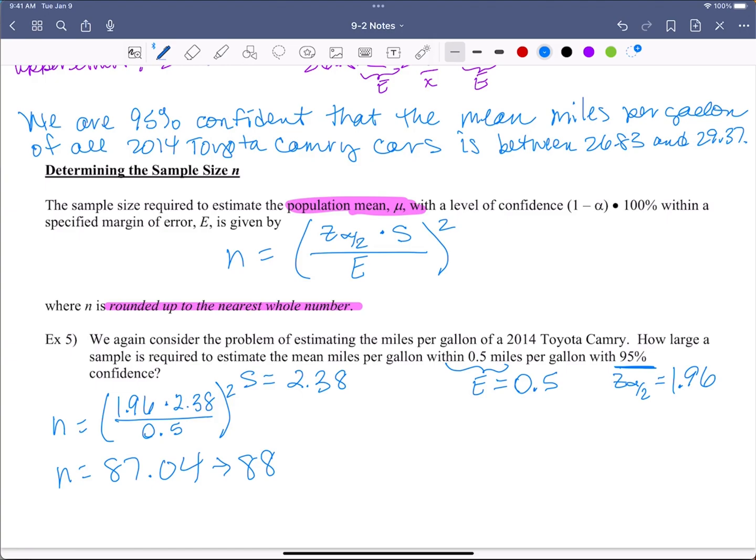Let me change my colors. I was looking to see how I want to write this out. So we need a sample size of n equals 88 to get an interval estimate of the population mean with a margin of error of 0.5.